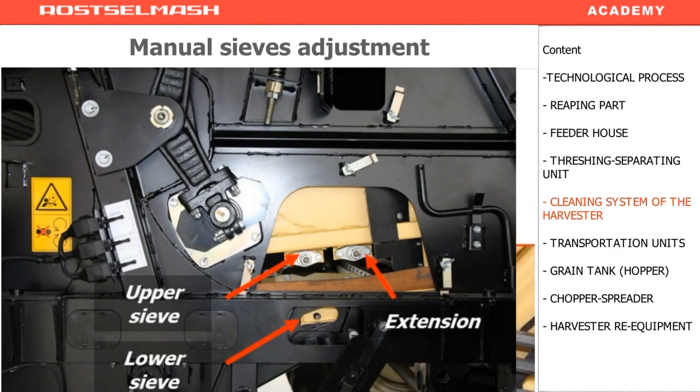Under the harvester, you can see two electric motors for the upper sieve and the extension, and the third motor is for changing the clearance of the lower sieve. If you don't detach the electric motors, it might lead to the breakdown of the mechanisms.